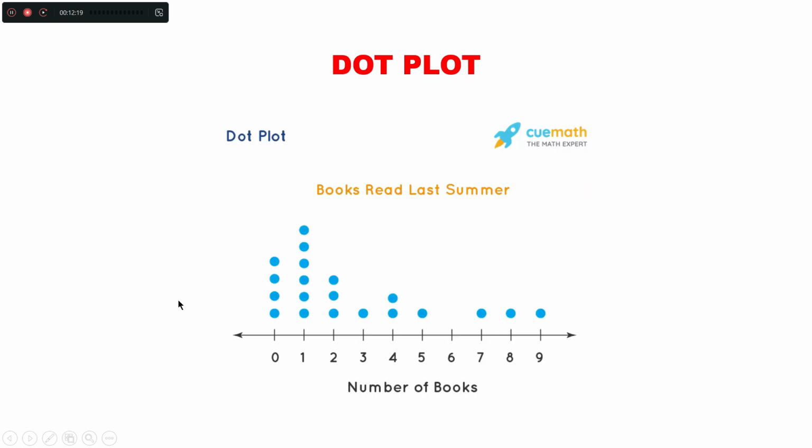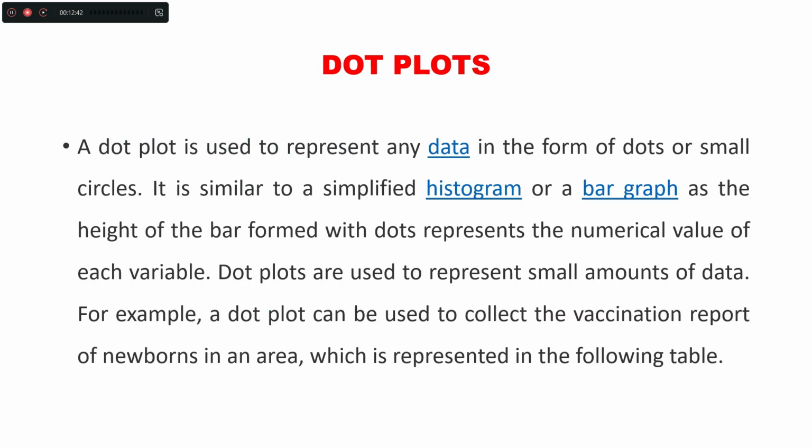If the height for a particular variable is high, that indicates the frequency is more. When there is no dot, that means in that category there is no variable present.